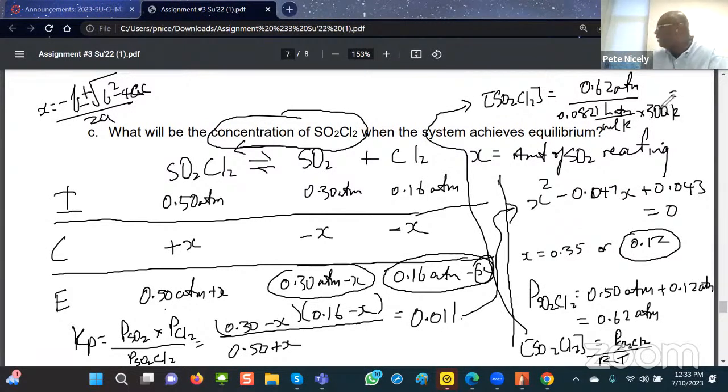And that's it. You work that out, and according to my calculations, that works out to be equal to 0.025 M. So this would be the answer right there. And that's basically how that is done.